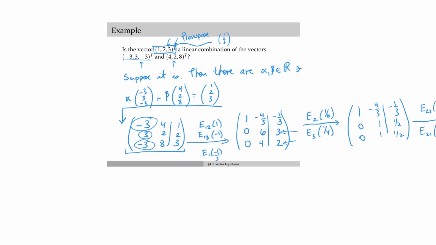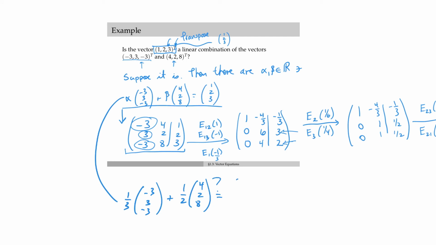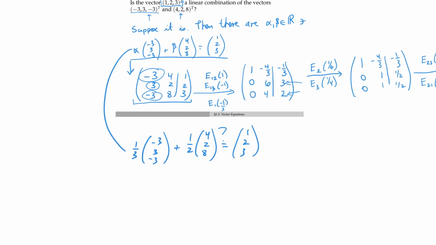So we have 1/3 of negative 3, 3, negative 3, plus 1/2 of 4, 2, 8. Does that equal 1, 2, 3? All right. This first one is going to be negative 1, 1, negative 1. Next one is going to be 2, 1, 4.